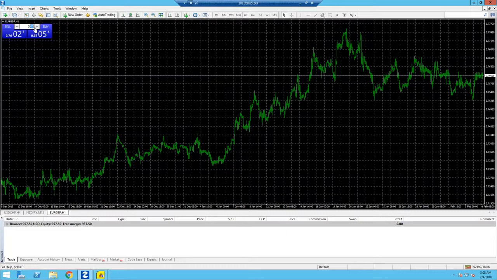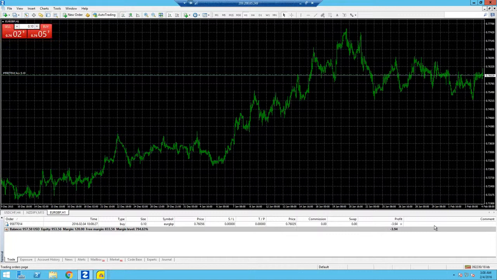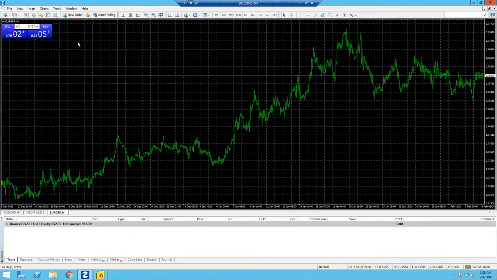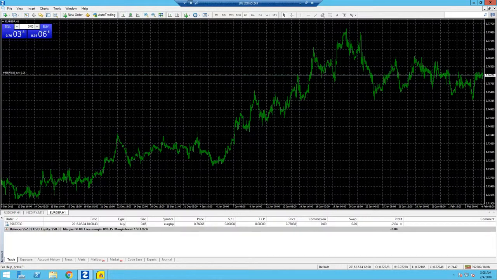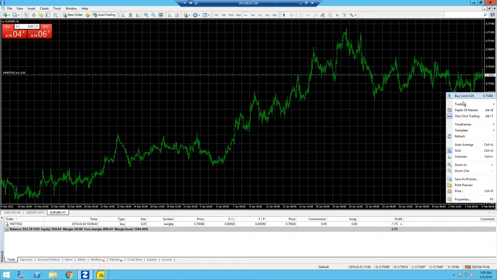So you can do one of two things. When you buy a mini, you can just buy. But what if you had two different zones to enter? But the mini was your trade. So my full position is a mini. I'm buying 0.5 here, and then I'm gonna buy maybe half here.